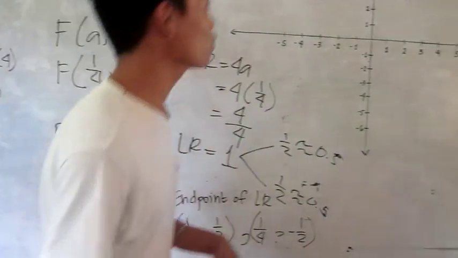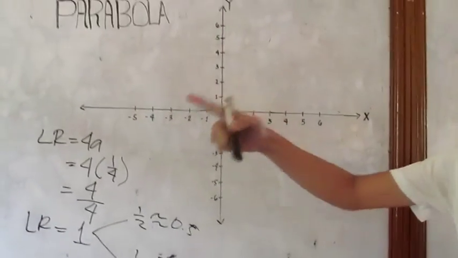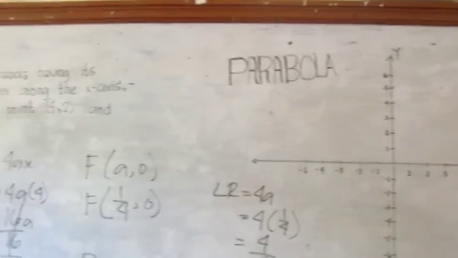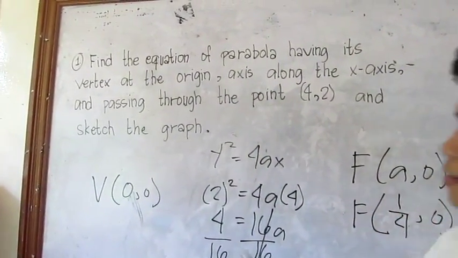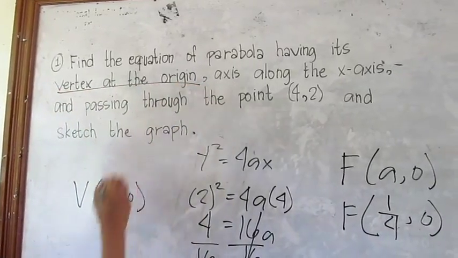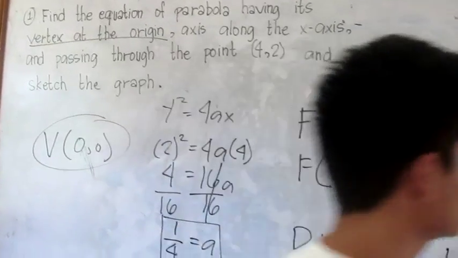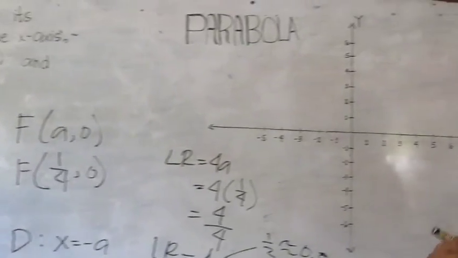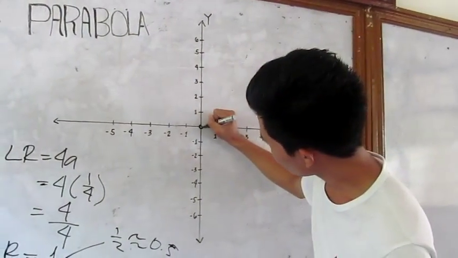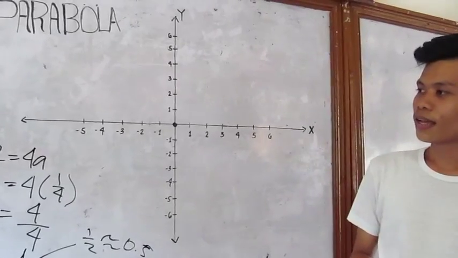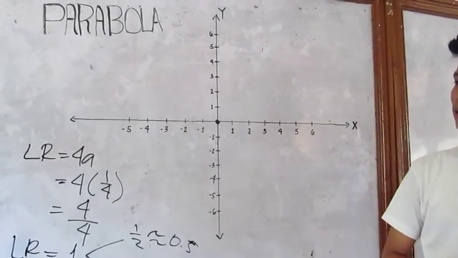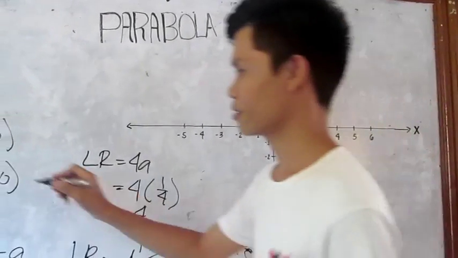Okay, we're going to use first the vertex. According to the given problem, our vertex is at the origin. Since the vertex is at the origin, we'll locate the point here. Then next we're going to locate the focus.